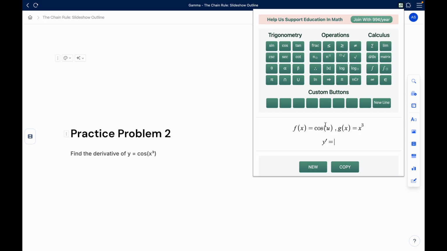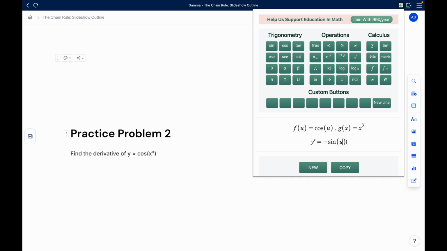Now y dash is equal to first the derivative of the outer function, f of g of x, but really f of u, so I should be calling this f of u, not f of x. Y dash is equal to negative sine u by trigonometric differentiation.